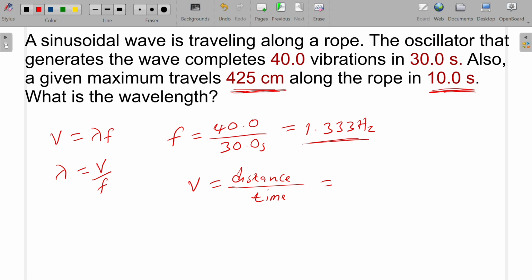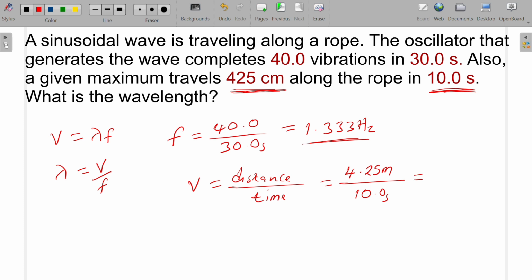We don't want to find our speed in centimeters per second, so we'll convert 425 centimeters to meters. When we do that, we're going to have 4.25 meters, divided by the time, which is 10.0 seconds.